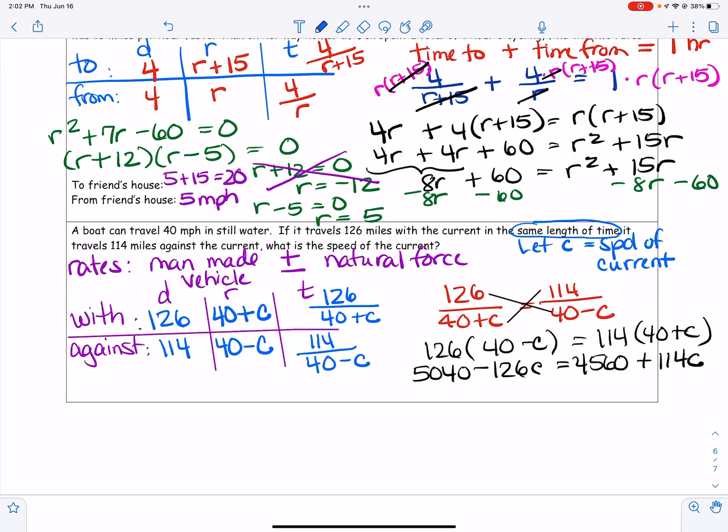I'm going to add 126C to both sides, and I'm going to subtract 4,560.